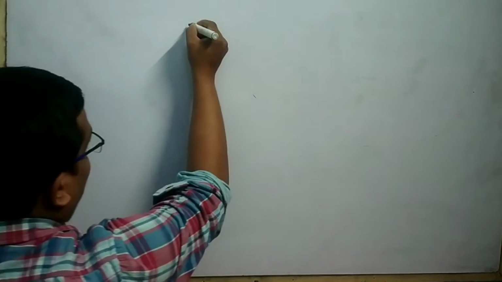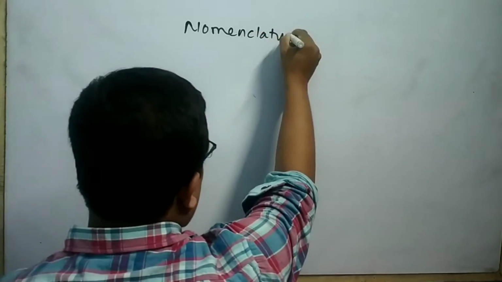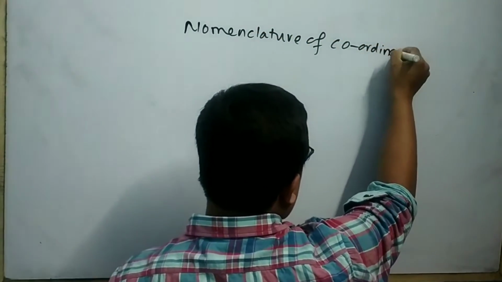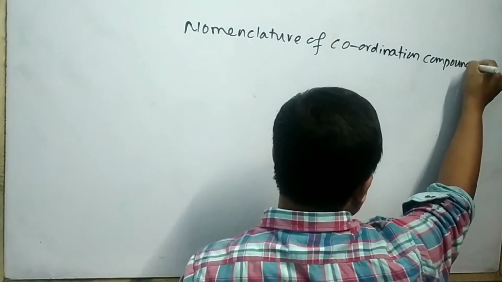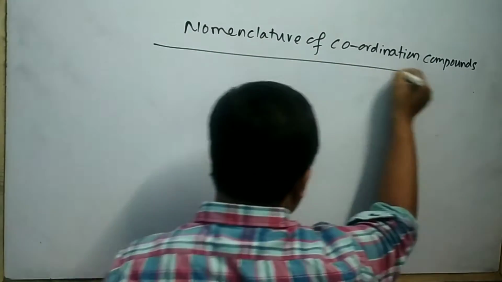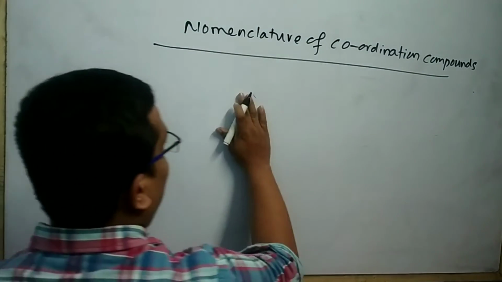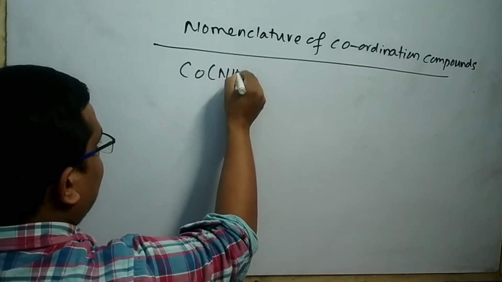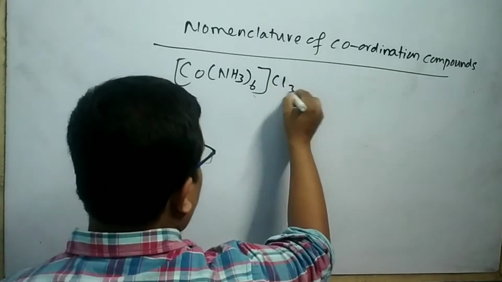Next I will discuss the nomenclature of coordination compounds. Suppose I take an example of a coordination compound, [Co(NH3)6]Cl3.